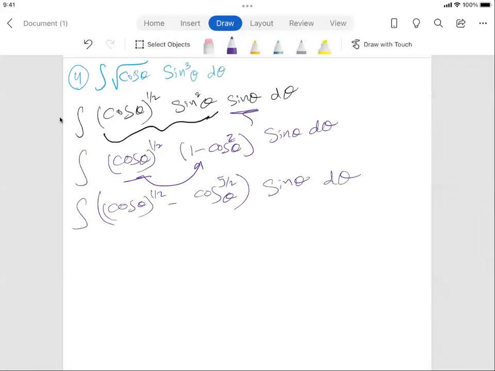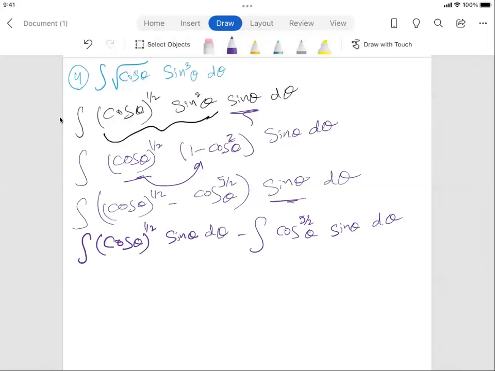Now, what is the derivative of cosine? Simply negative sine. So let's distribute the sine now. So we will have cosine of theta to power 1/2 sine of theta d theta minus integral of cosine of 5/2 of theta sine of theta d theta.